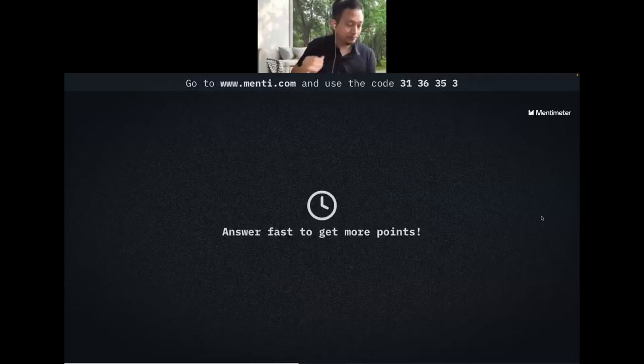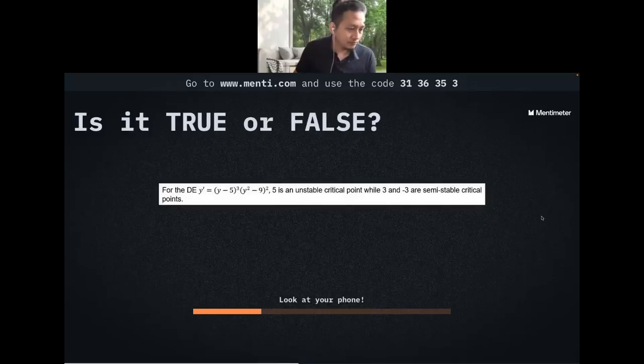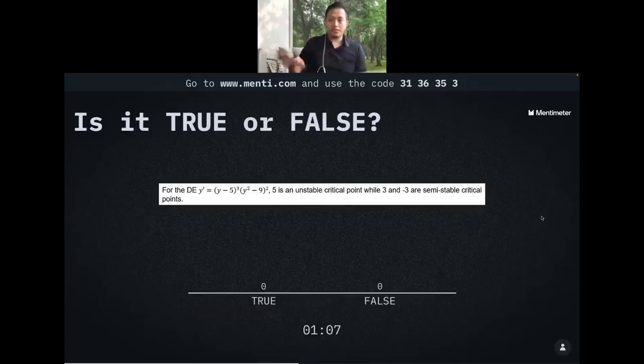Question 3. Remember the stable, semi-stable, unstable, what it is. Please remember. You can check your notes if you wrote that down. This is on autonomous differential equations, if you remember. Autonomous means there is no explicit x in the equation.